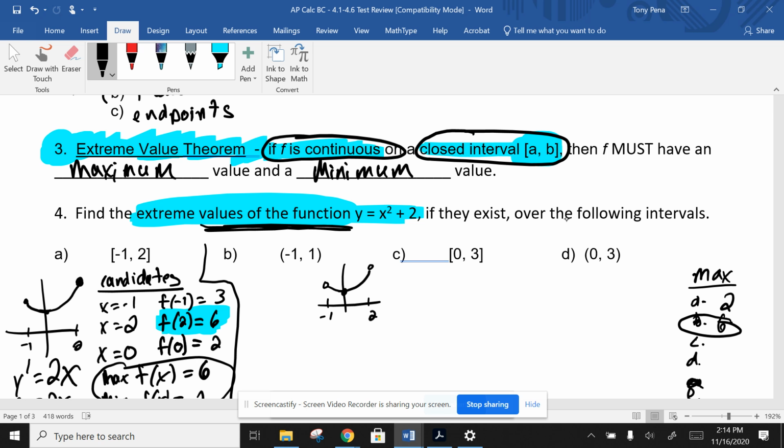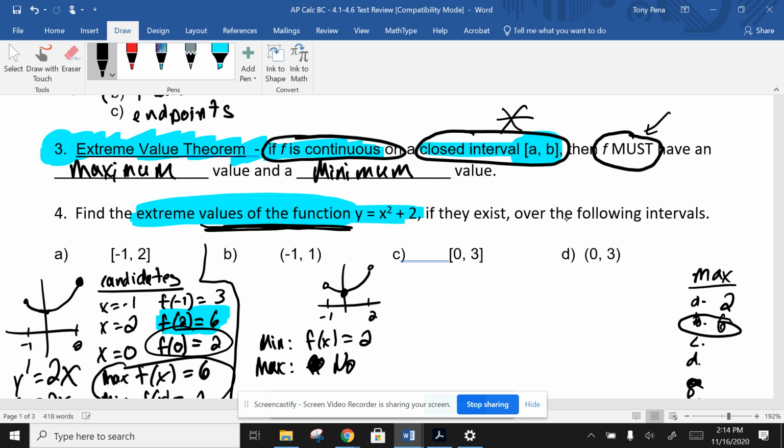Correct. So you're right, because if those two things are true, you must have a high point and a low point. But because you just told me that this right here doesn't actually happen, we don't have to have a maximum and a minimum. All we have in this one is a minimum. So if I did ask this question, you would say the minimum is still that y value of 2, just like it was over here. But if I now ask you the max, you're 100% correct. You would say there isn't one.